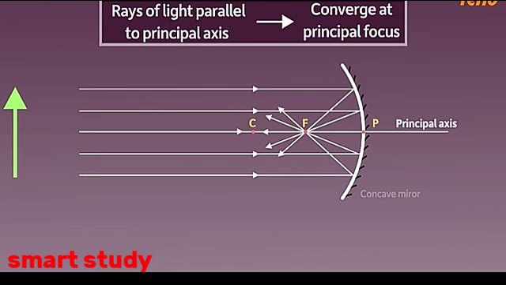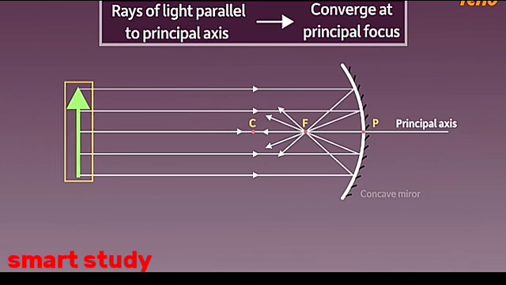Now, I would want to mention one thing here, that this does not depend on the position of the object. Yes, it does not only work when the object is at infinity. No matter where the object is kept on the principal axis, if the rays of light incident on the mirror are parallel to each other as well as to the principal axis, they will always converge at the principal focus.